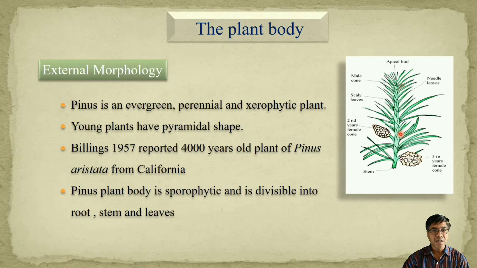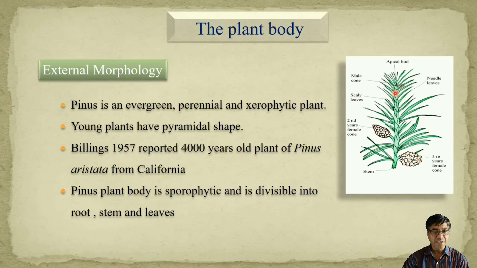Young plants are pyramidal in shape with their straight branches disposed in regular whorls. But in mature plants, this type of symmetry does not exist and the crown becomes rounded.